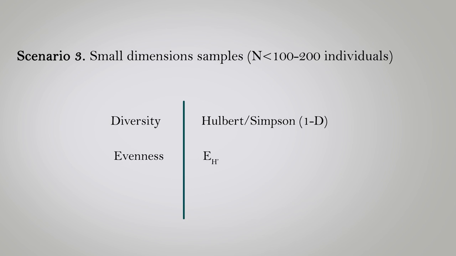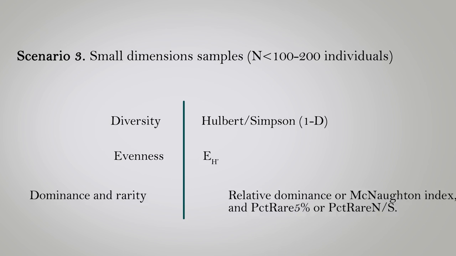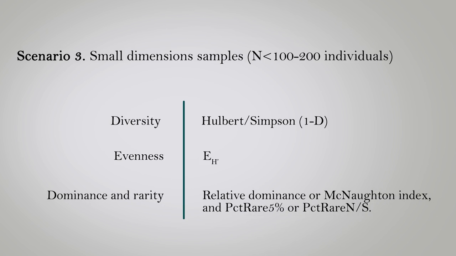To evaluate the differences in evenness instead, we can use Shannon evenness. For dominance and rarity, relative dominance or the McNaughton index is very useful, and for rare species the percentage of rare at 5% or the percentage of rare N divided by S are very useful indicators.